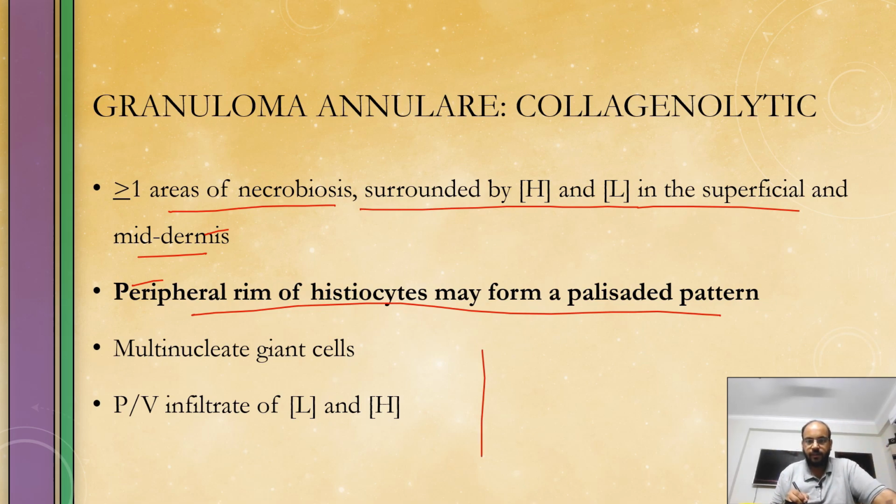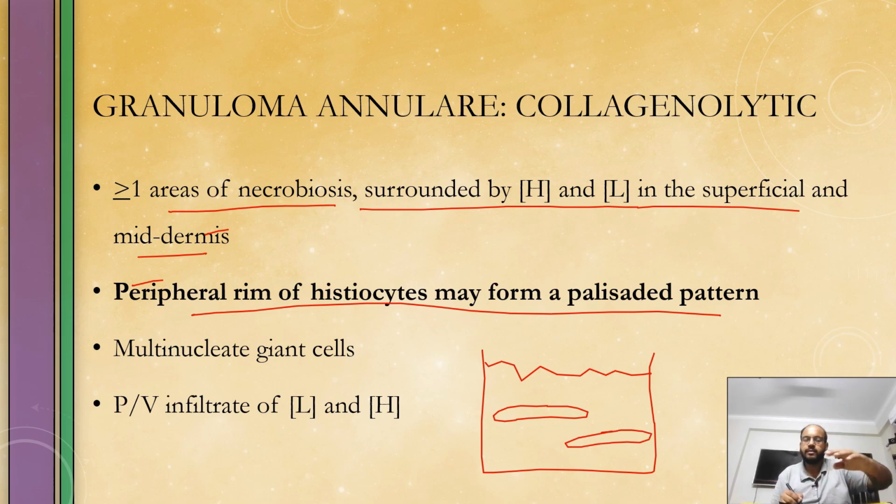Okay, so if you are looking at a skin biopsy, and here is the dermoepidermal junction, you will see a collection of histiocytes like a shelf, like layers, like they have settled down in layers, which is known as the palisaded pattern. And in between, you will see a necrobiotic granuloma.